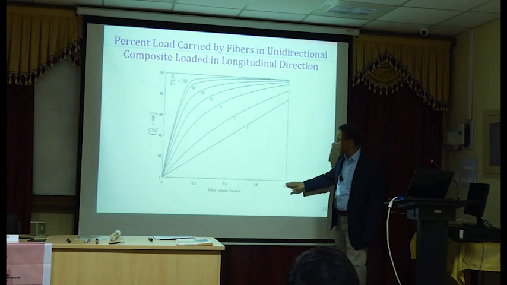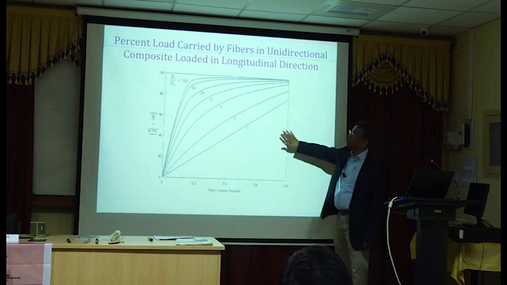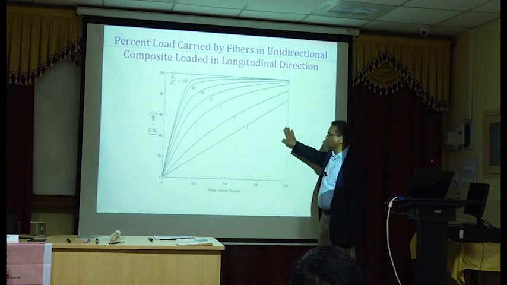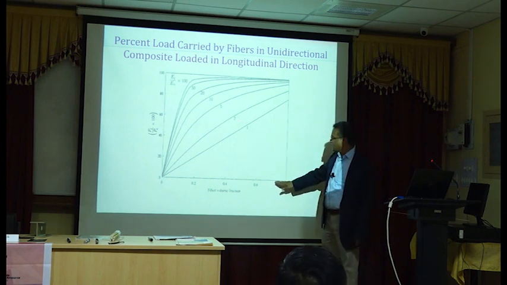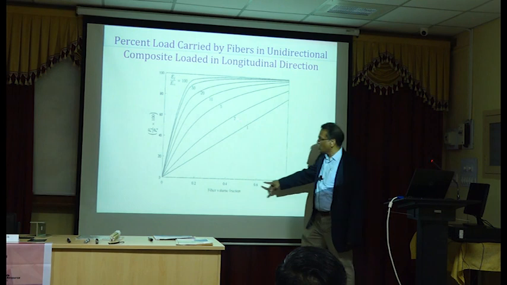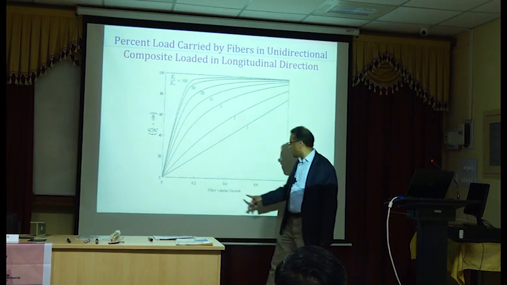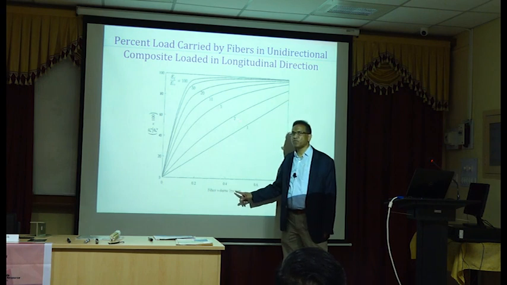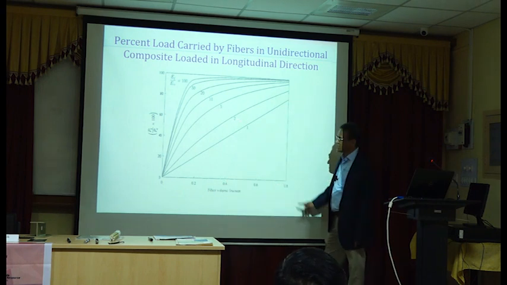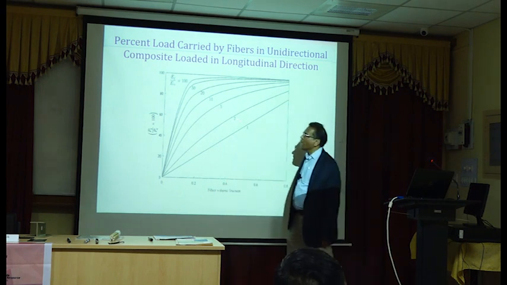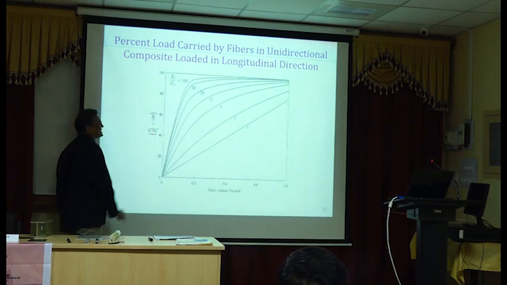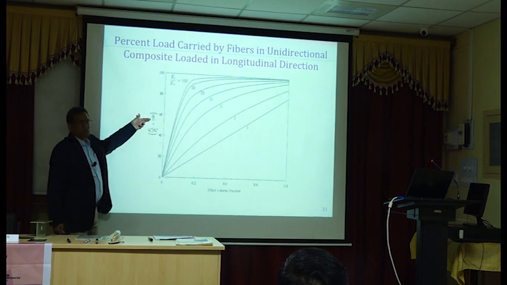On the x-axis, this is again from one of the books, from the Barbero book. On this x-axis, I have 0.2, 0.4, 0.6, 0.8, that's fiber volume fraction. What about on the y-axis? On the y-axis, I have PF over PC in percent.